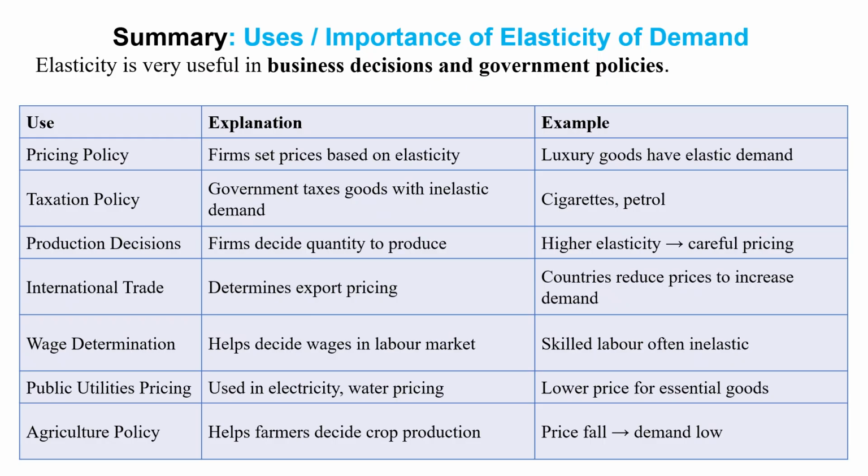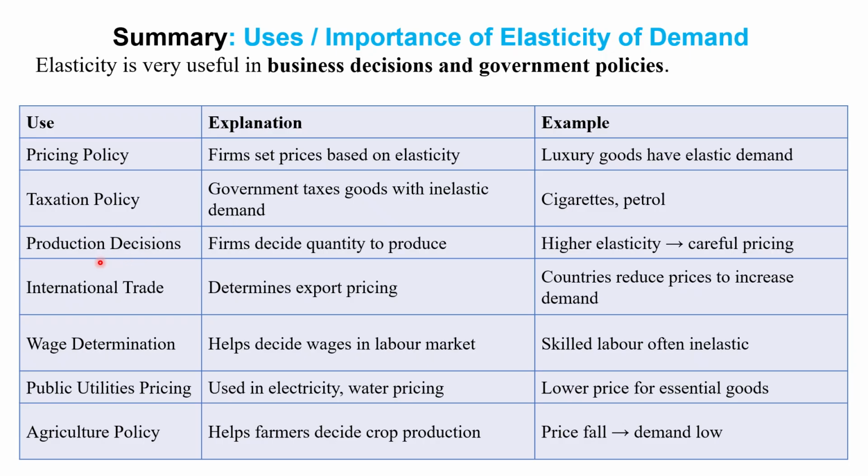This is the summary of uses or importance of elasticity of demand. It is very useful in business decisions and government policy. We have already studied in earlier slides the pricing policy, in which firms set the prices based on elasticity. We can also study the taxation policy, in which government taxes goods with inelastic demand.